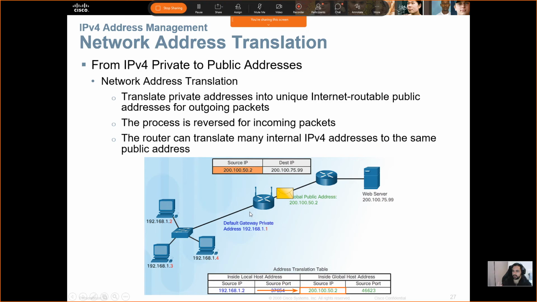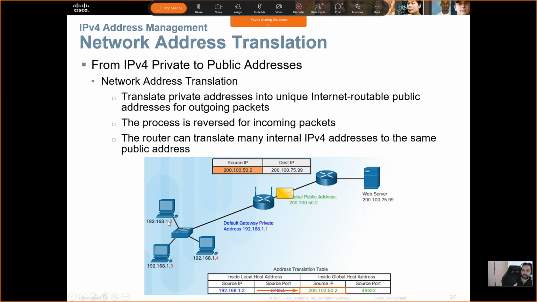And because these addresses in a private LAN are translated before they go to the internet, that is the reason why you can repeat this address pretty much everywhere. Okay? My computer can have the IPv4 address 192.168.1.2, okay?